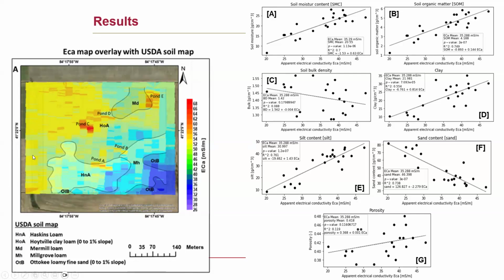Now we want to see how our apparent electrical conductivity relates to the soil properties that we measure. As expected, we saw a very strong correlation between soil moisture and our electrical conductivity, and a similar relationship with organic matter, and of course, texture drives it. Bulk density showed the least relationship, which of course we understand, as we didn't expect much relationship between bulk density and apparent electrical conductivity.